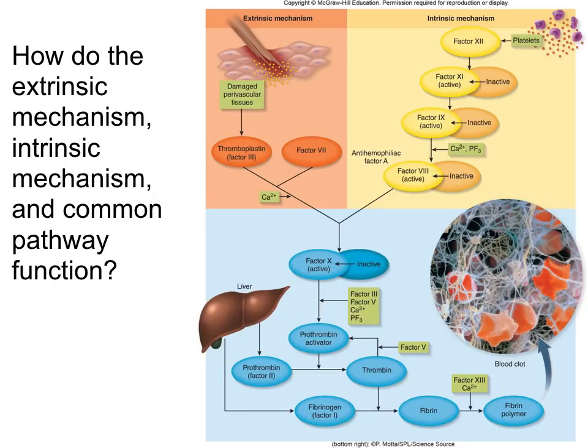The active thrombin enzyme with calcium present converts fibrinogen into fibrin threads that are then going to form a nice dense mesh that helps to trap your formed elements, forming a nice sturdy clot that effectively stops your bleeding.